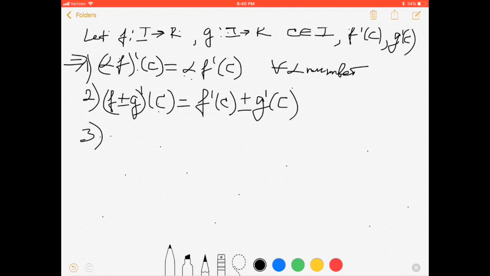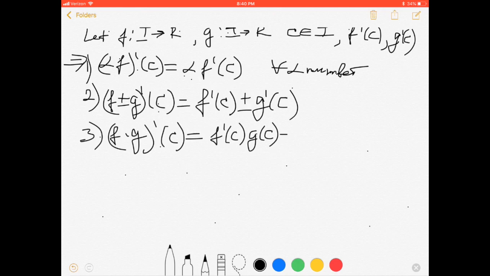Third, if you have the product of two functions and want to take the derivative, it will be f prime of c times g of c plus f of c times g prime of c.